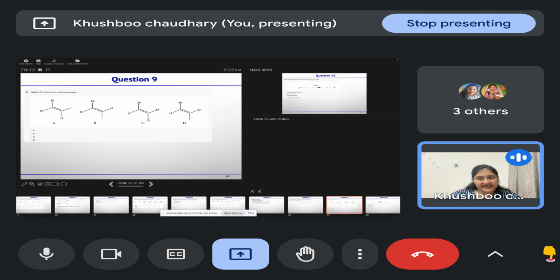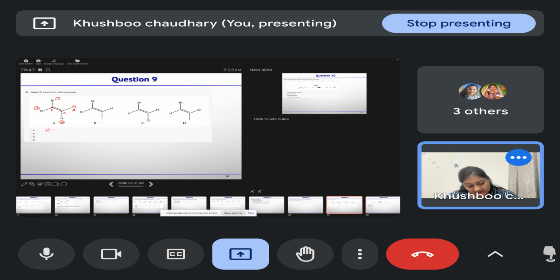Next question is: select the E-1-bromo-1-chloropropene. Let us start giving numbers. In this case, on this carbon, which one will get first priority, bromine or chlorine? Bromine 1, chlorine 2. On this carbon, methyl 1, hydrogen 2. So is this Z or E? Z. This we will give 1, this is 2, and this is 3, that is IUPAC numbering.